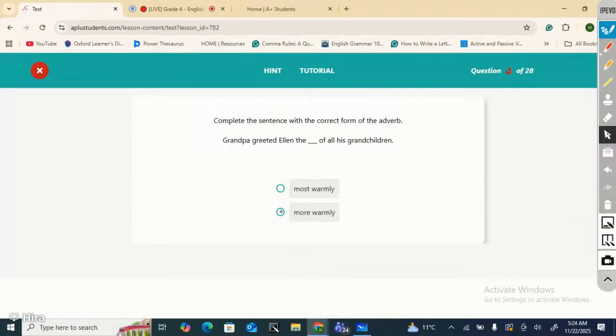Out of all his grandchildren means more than one. So how are more than two actions compared? To show how more than two actions are compared, which adverb is used? Superlative is used to show how more than two actions are compared. If you want to make a superlative adverb with an adverb which has more than one syllable, add most. So most warmly is the answer.